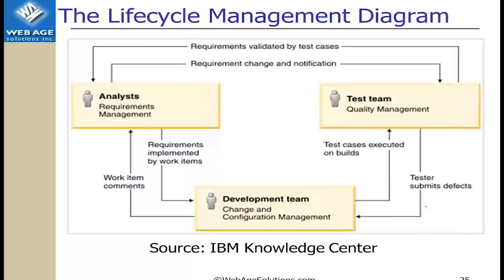So that's how IBM sees the interaction between your business analysts, your BAs, your QA. It's a cycle which has loopbacks and feedbacks. I'm not going to spend much time on that.